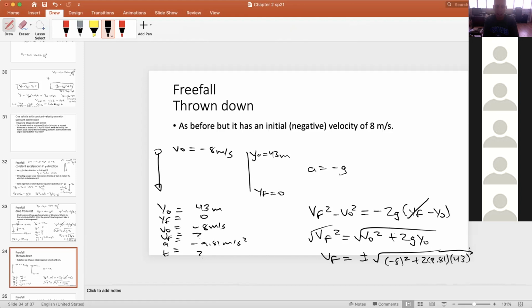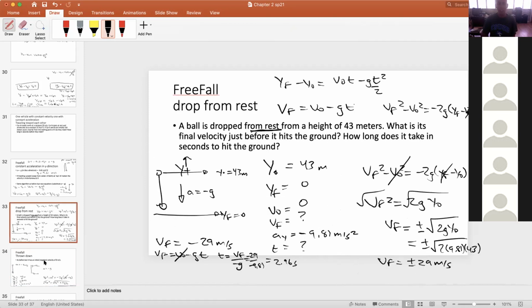That is 64 plus 2 times 9.81 times 43. The square root of that answer is 30. So it's going to be negative 30.13.